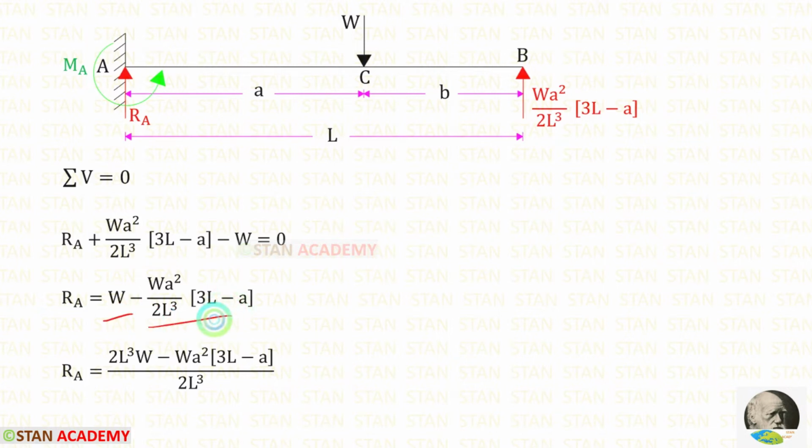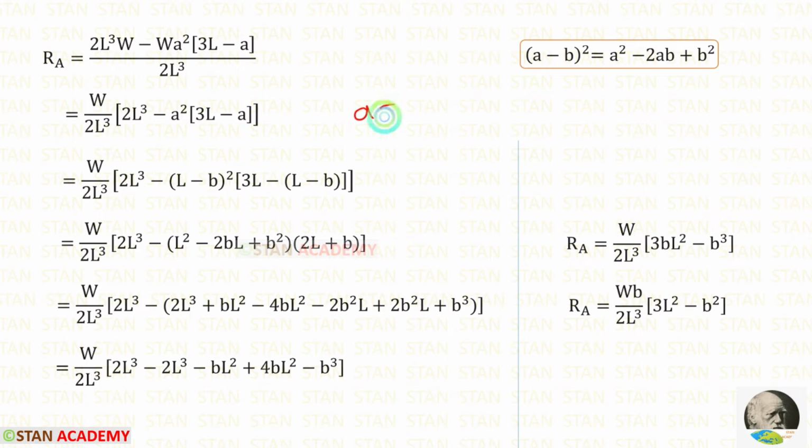For these two terms, we can take LCM. 2L cube into W, we will get 2L cube W. We know that A is L minus B. So for A square, we can apply L minus B the whole square. And for A, we can apply L minus B.